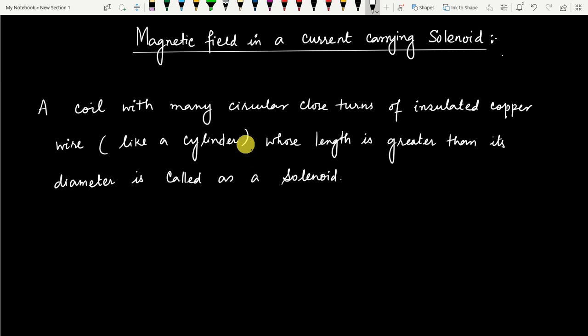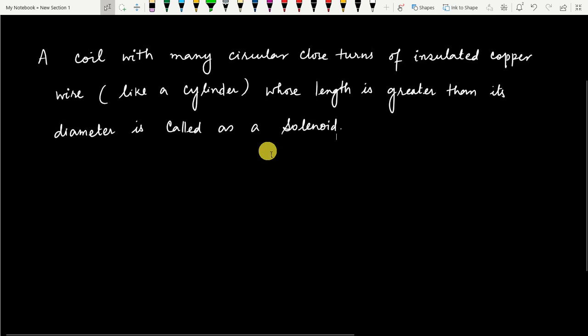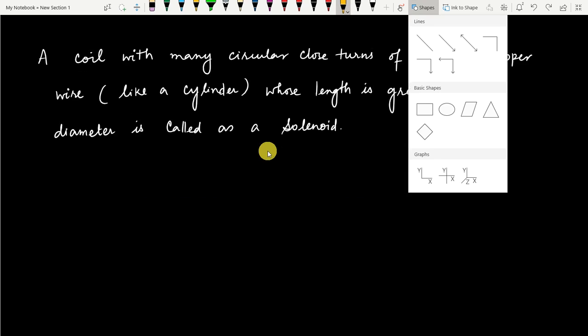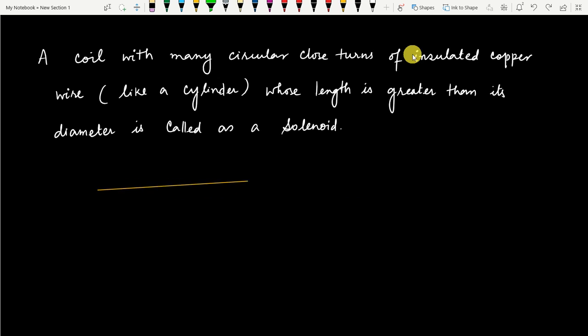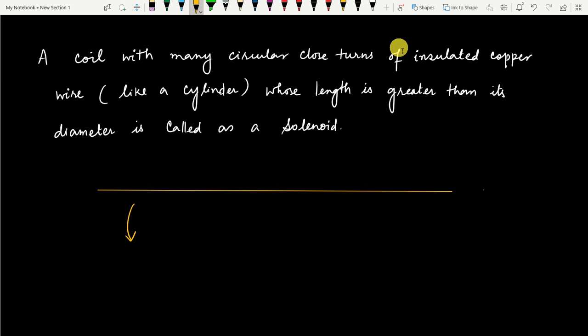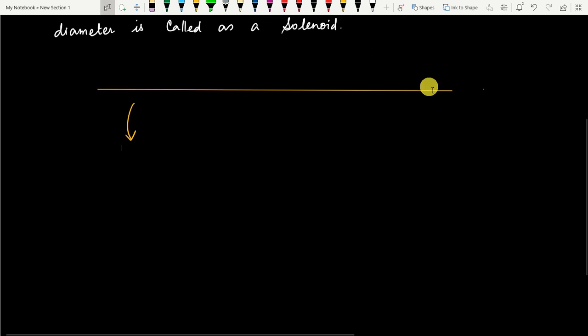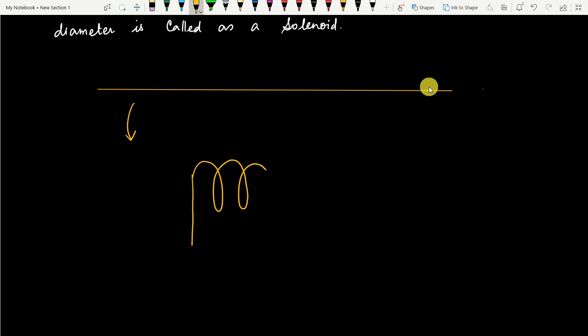So how to make a solenoid? To make a solenoid is very easy. If you have a straight wire, you just make turns of copper. Wind it around a pipe and remove the pipe, and you would get a helical spring-like structure.